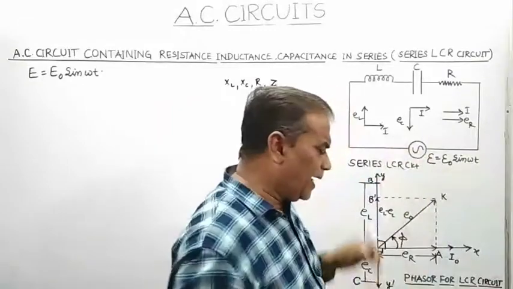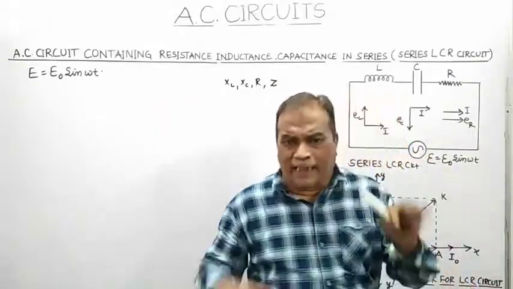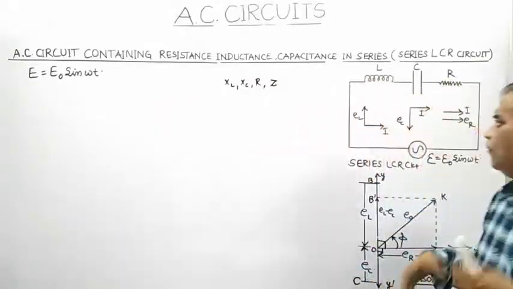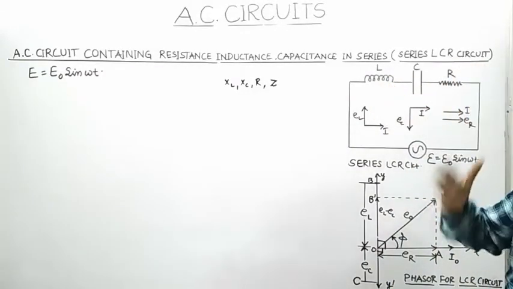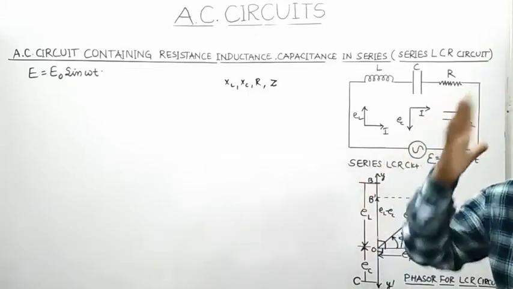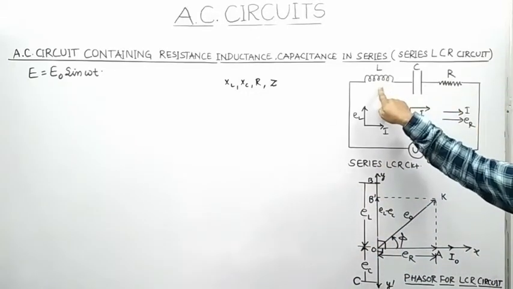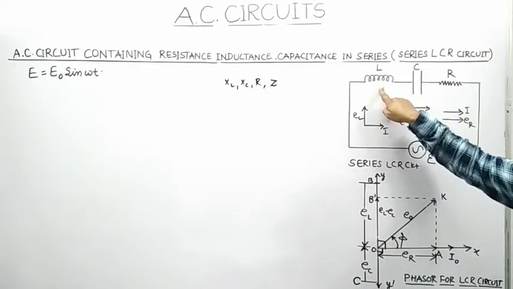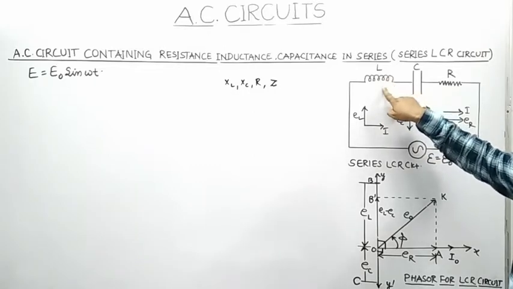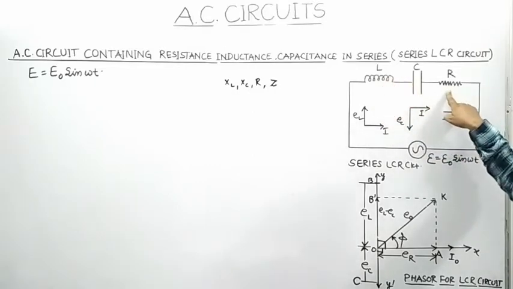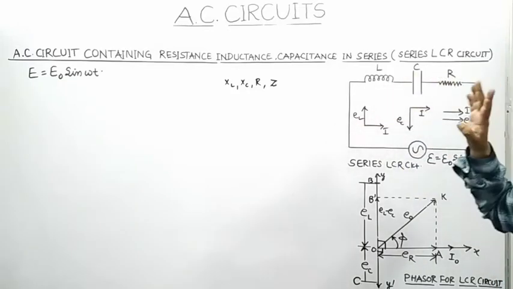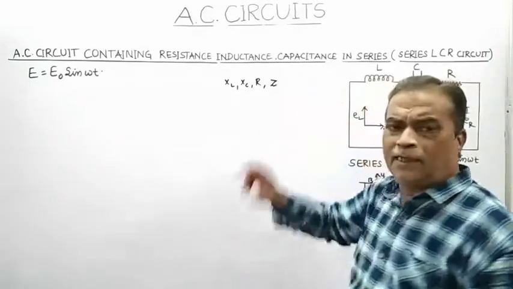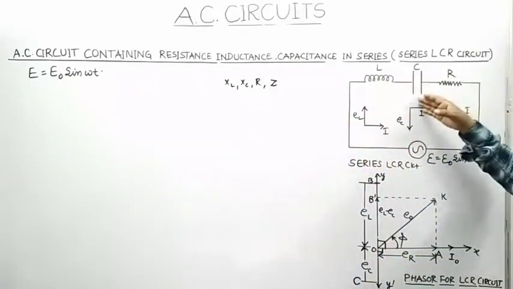So what do we mean by impedance? In an AC circuit, the total opposition or the effective resistance offered by an inductor, capacitor and resistor which are connected in series to the flow of alternating current through it is called the impedance of that series LCR circuit.